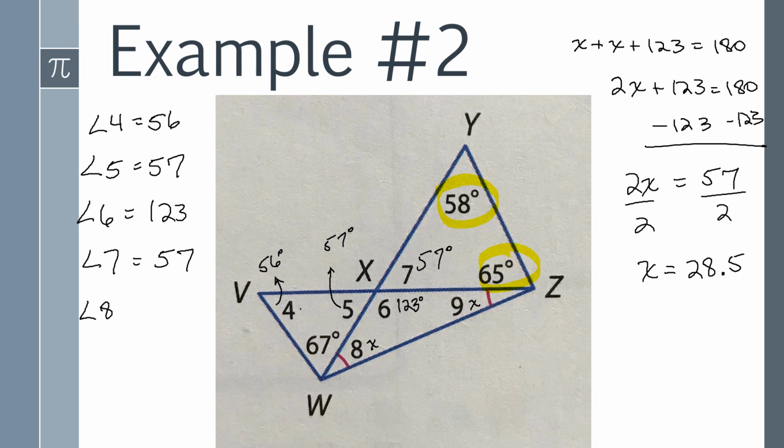Angle 8 and angle 9 are both equal to 28.5. Okay, we worked our way around, and we just keep plugging away and knocking out different angle values based upon these theorems.